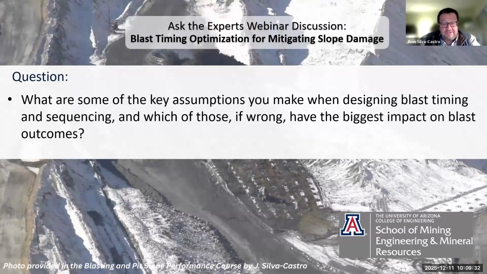And I don't have the graphics here to show that, but say if you have a rectangular or a square pattern, and you shoot your rows and holes one by one, the burden and the spacing is what you design. But if you use an echelon or you modify with an angle, your burden will change. So as I always say, blasting is an art.